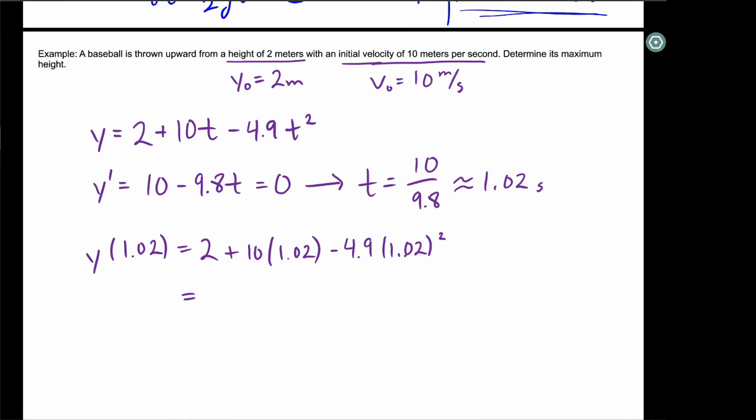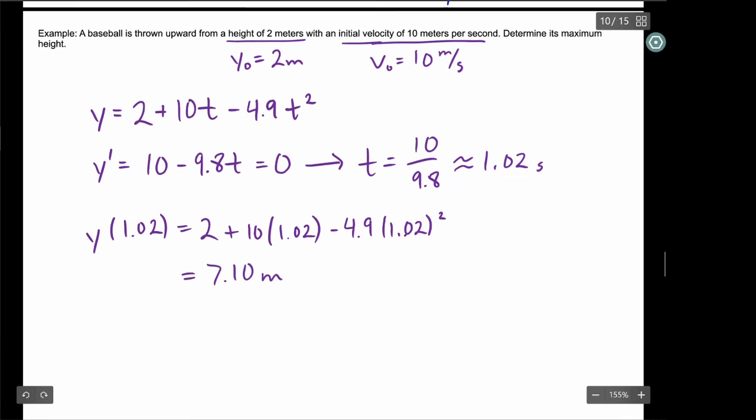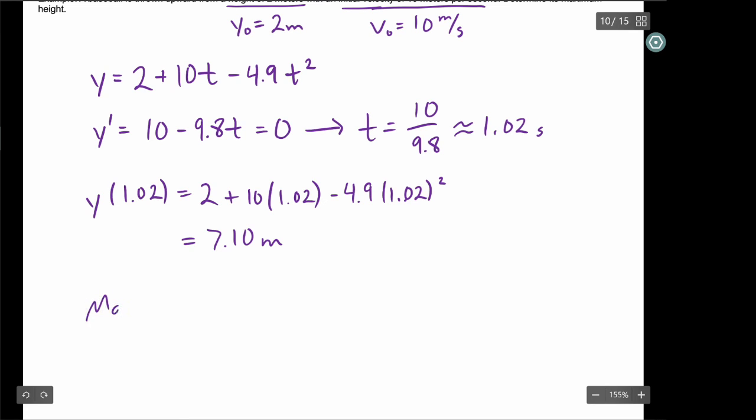Let's compute that. And bam, we get 7.10 meters. So the maximum height is 7.10 meters.